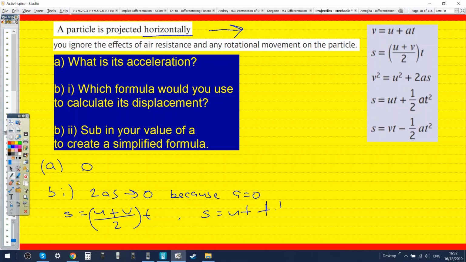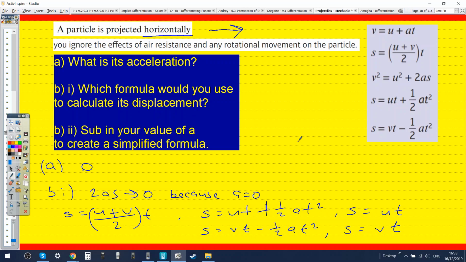And in fact, I think we could use the two bottom ones as well. Ut plus a half at squared, and what would that become? That'll be just s equals ut. And how about the one underneath it? Would that be the same, because a is 0? Yes, and so s equals vt.